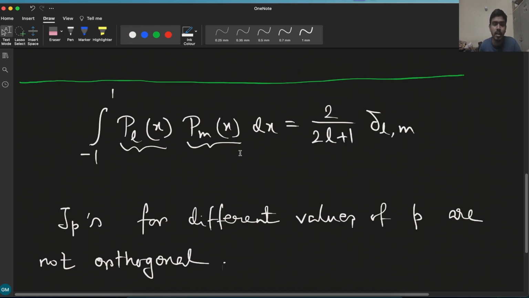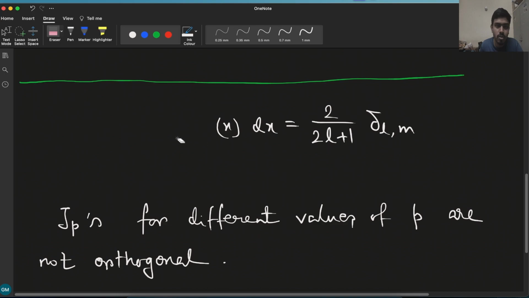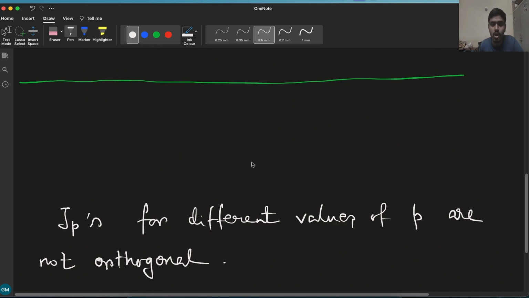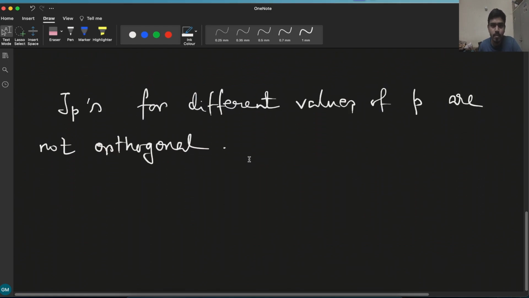So in the case of Legendre polynomials, we had that, but in the case of Bessel functions, the orthogonality is not defined like that. So how is this orthogonality defined? Let me explain it.